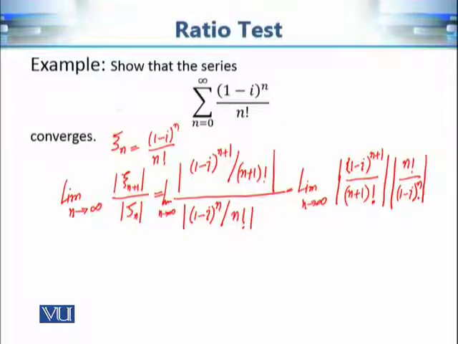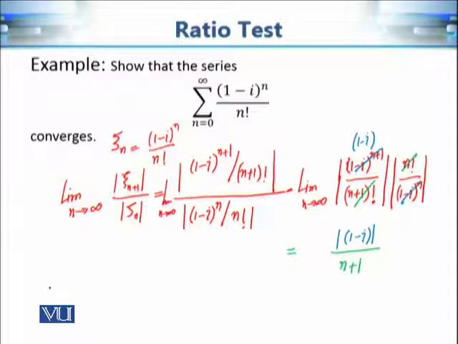Now we can cancel out these two things. If we cancel out these, then we will be left with n plus 1 in the denominator, and when we cancel out these two terms, we get the modulus of 1 minus iota, and the limit will remain the same, limit as n approaches infinity.